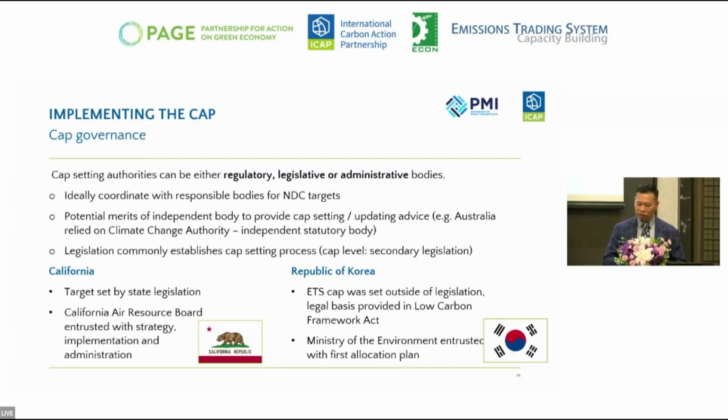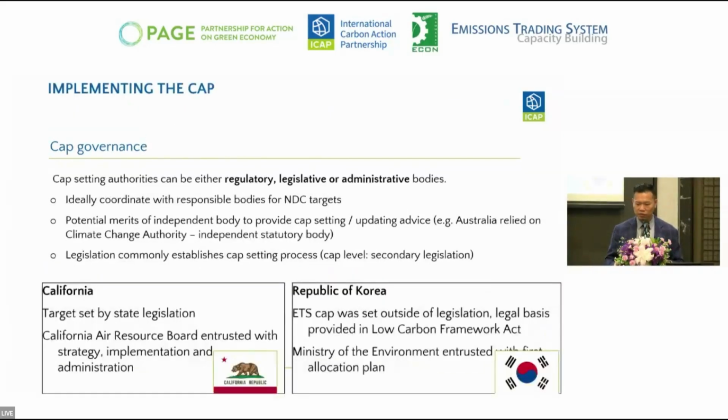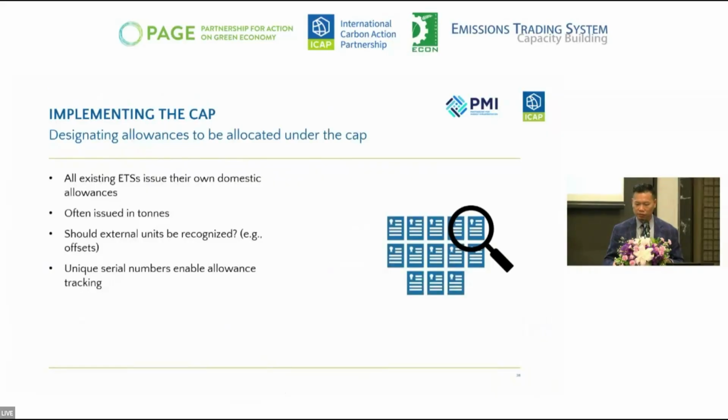And in Korea it is the Ministry of Environment that sets the cap. So we need to find a good governance structure to design and implement the cap setting and to coordinate with other government departments. Yeah.